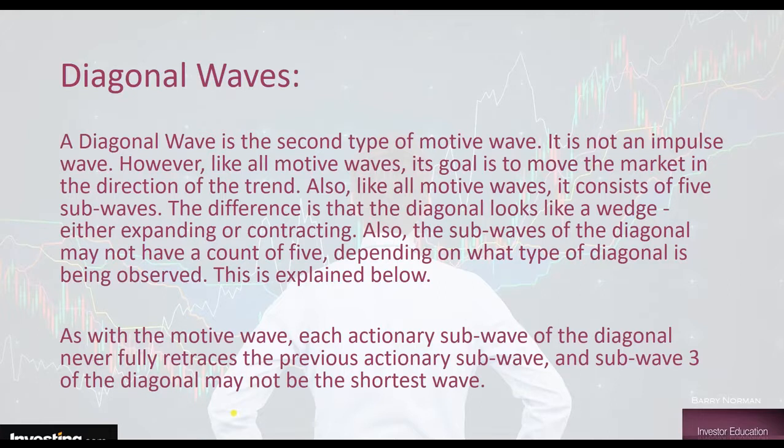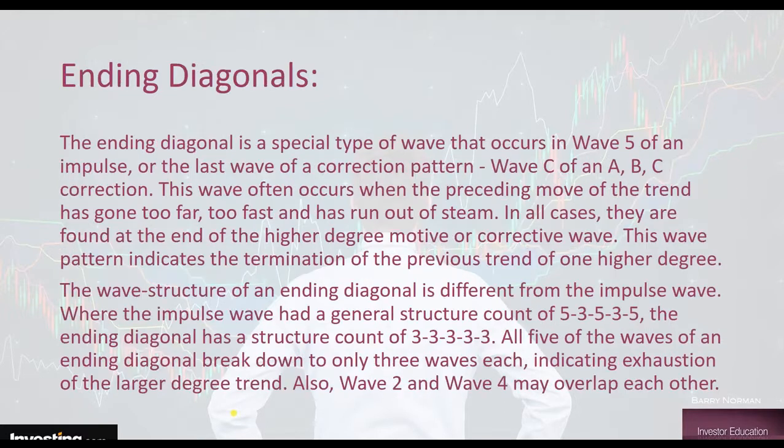The difference is that the diagonal looks like a wedge, either expanding or contracting. Also, the subwaves of the diagonal may not have a 5 count, depending on the type of diagonal it is. The ending diagonal is a special type of wave that occurs in wave 5 of an impulse, or the last wave of a correction pattern. So wave C of the ABC correction is what you're looking for.